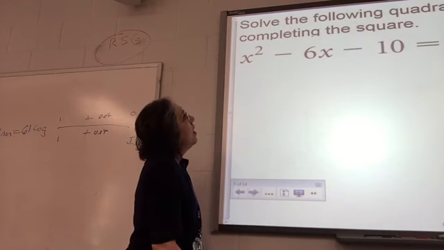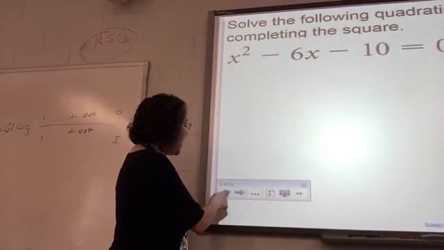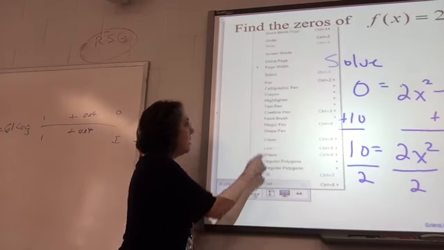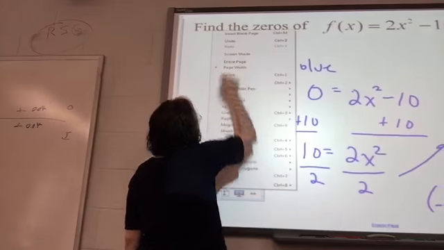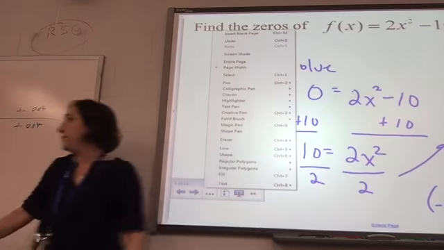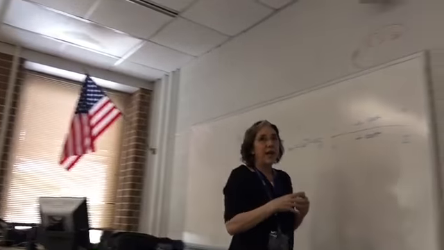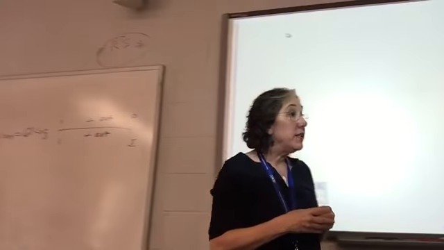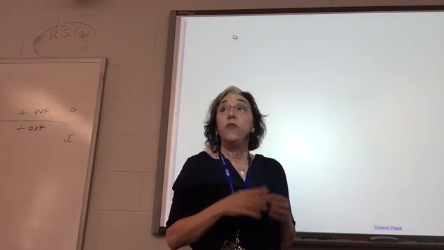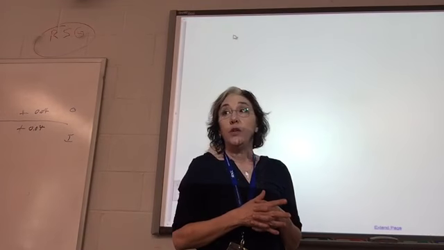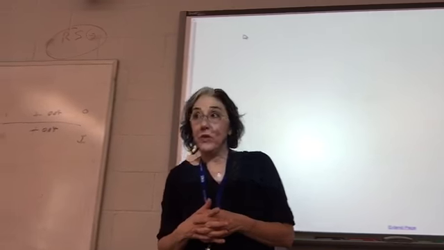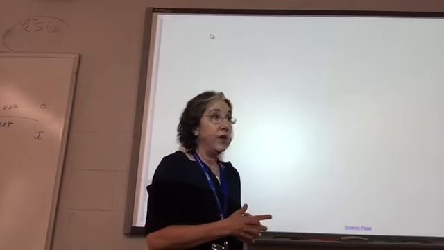Okay. All right. We're going to take a little commercial break here and talk about something that's going to help us with this next part. There's a lot of pieces to put together to understand what completing the square is. So first off, I want to remind you that if you square a binomial, you get a trinomial.